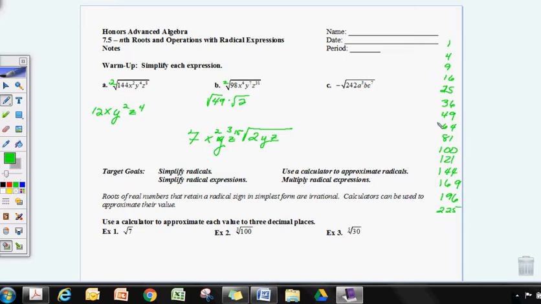Now, none of the 242 is after the 225, so I'm kind of looking at what would give me 242. I look at the 121, it would go into it, so there's going to be a negative sign, the square root of 121 times the square root of 2, and then we'll deal with the exponents.